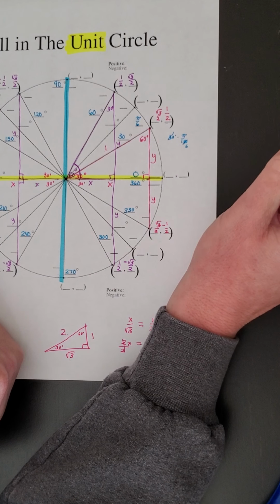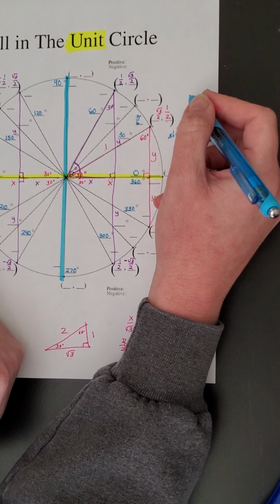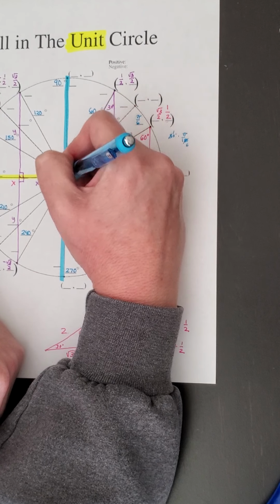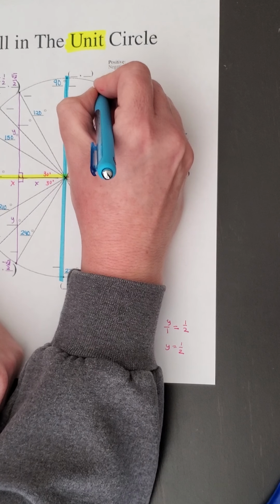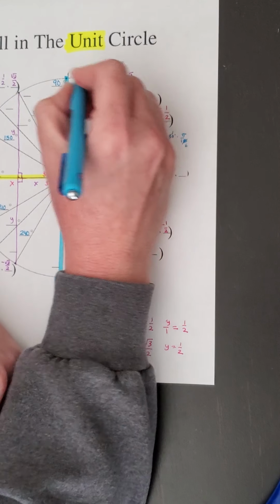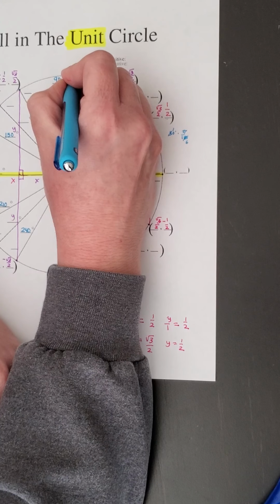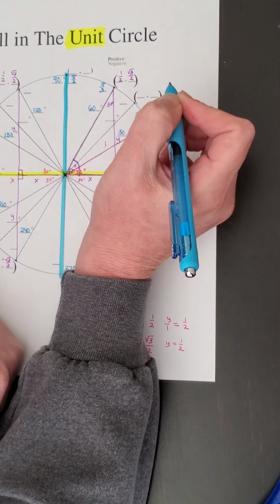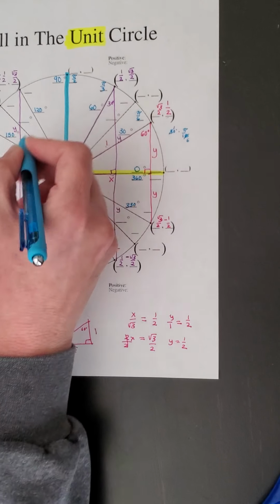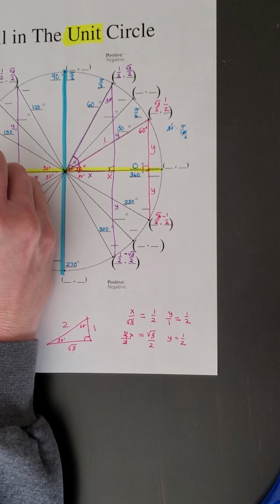That's pi/6. If I do it again with 60 degrees, it's twice as big. I'll have pi/3. This won't change. This is still pi/2. Here I get the same value as before, pi.